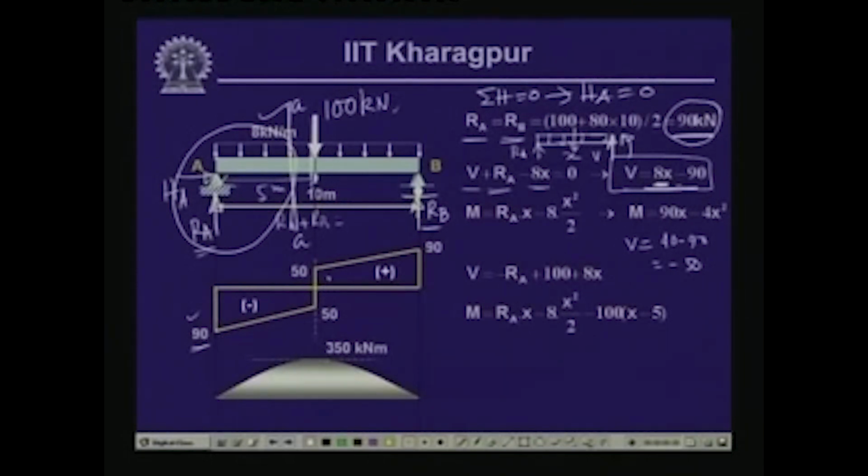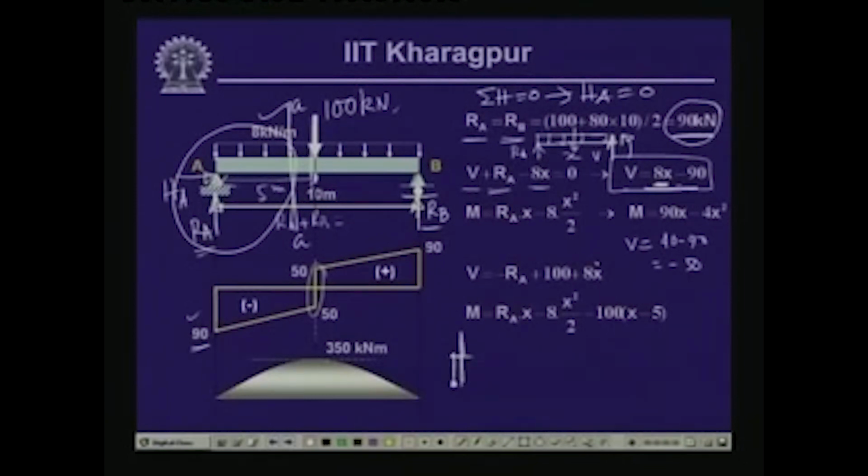Now, at this particular point, if I exaggerate the shear force diagram, precisely the concentrated load acts at this point. Now, we are evaluating the value of the shear force a little left of this load. So, basically we have the ordinate over here as minus 50.